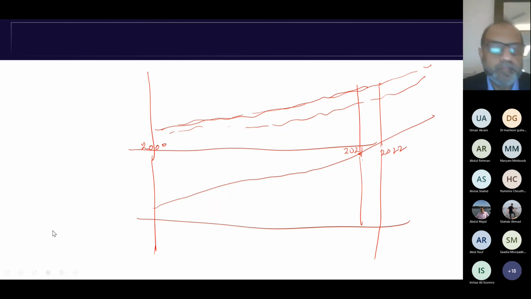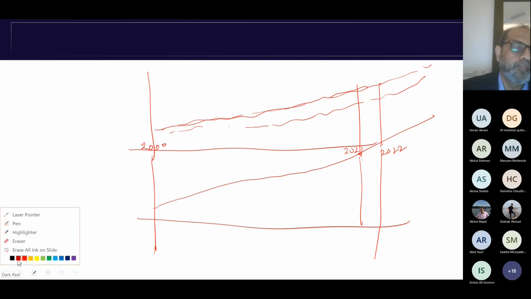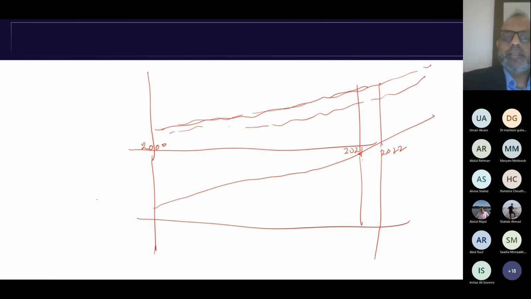Let me change the color. Let's say the cost of goods sold is going like this. And you know that the money you are spending to generate this revenue will be more than the money you are making.